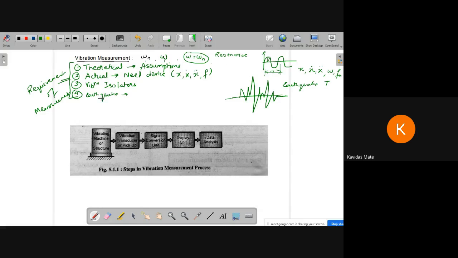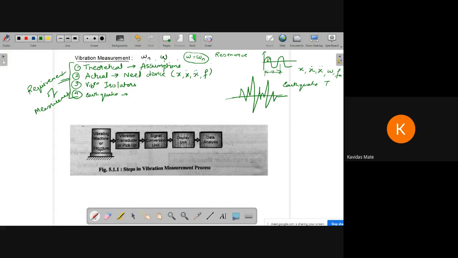Now, once we know we require certain parameters to be measured, there should be certain steps involved in measuring them. This flowchart diagram shows the measurement process. Let's try to understand it.